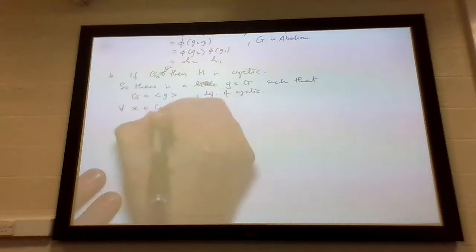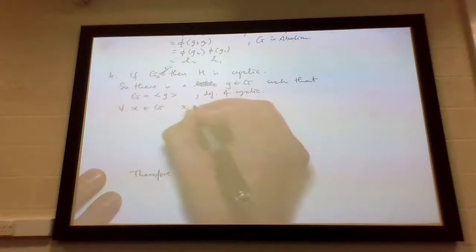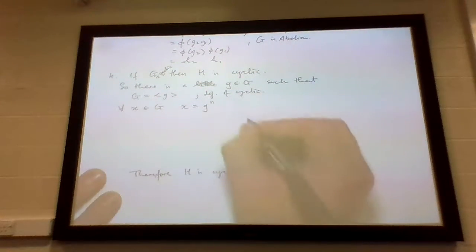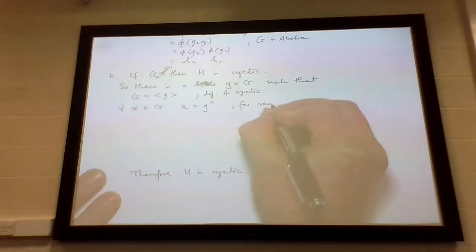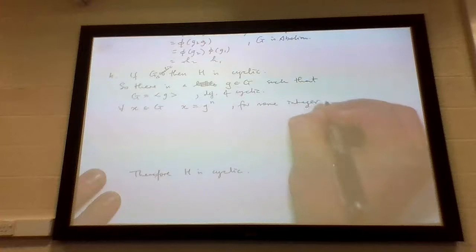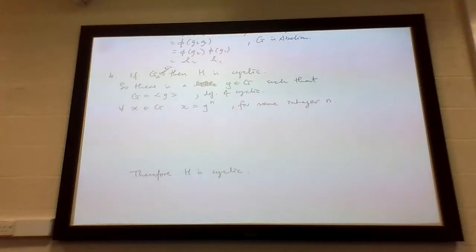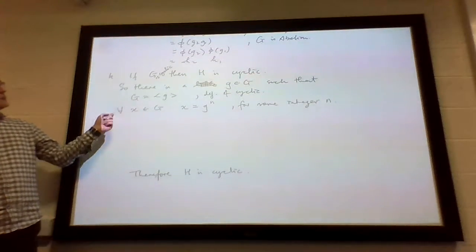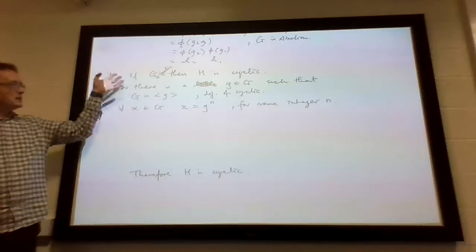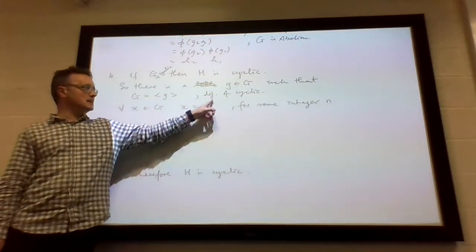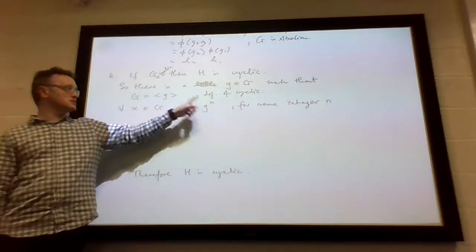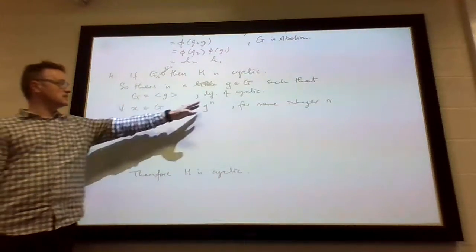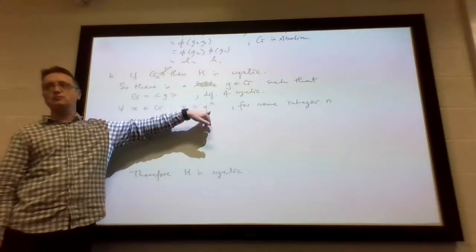Everything in G is equal to some power of this generator, some integer n. Right. Now this is good because now we have the notion of being cyclic written entirely in terms of the group operation. It's fully exposed in terms of everything to do with the group operation.